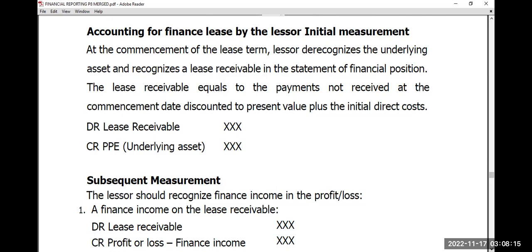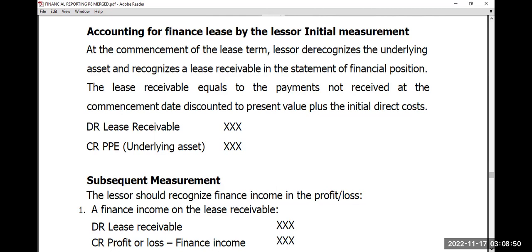What will happen is that if this asset has been leased out or more or less sold out, because at the end of the day the person will have an option to buy the asset, this person ceases to be the owner of the asset. Remember, here we are in the books of the owner. If the person has given it out in a financial lease arrangement, it means the person ceases to be the owner.